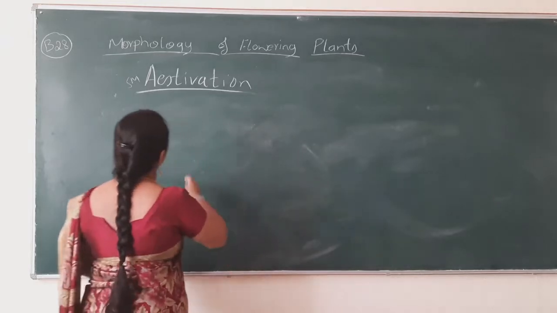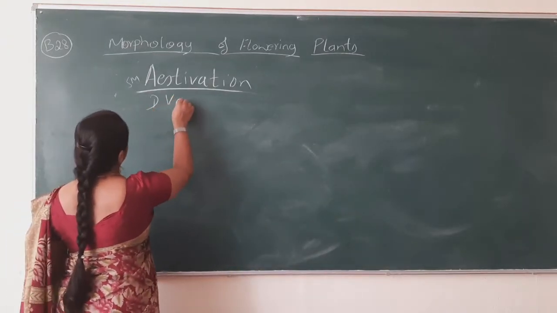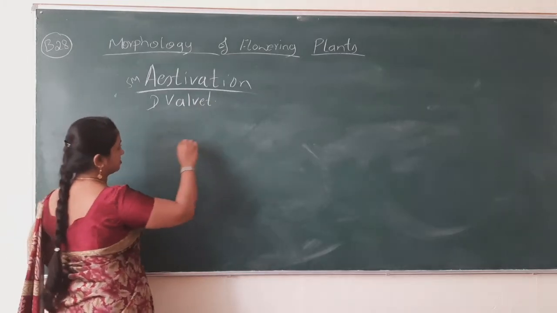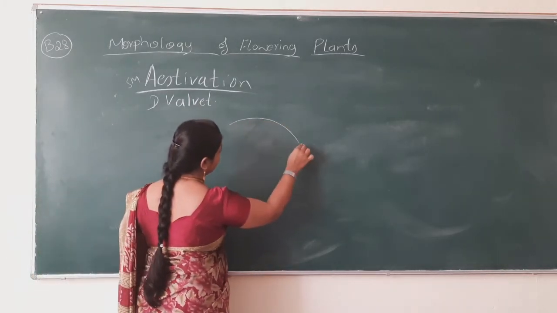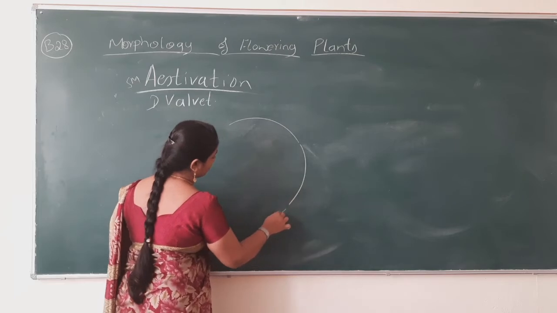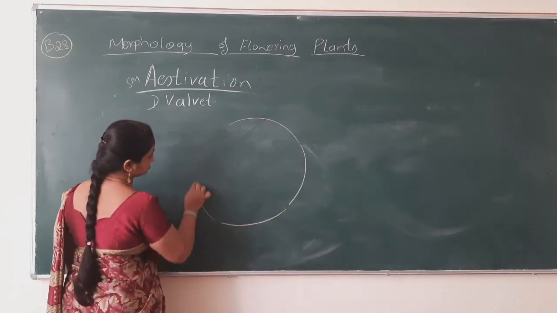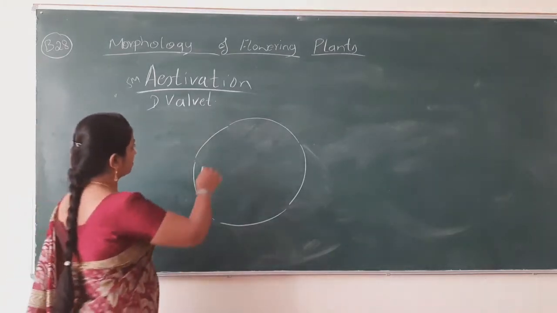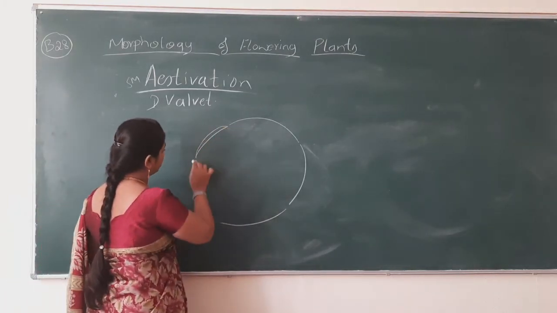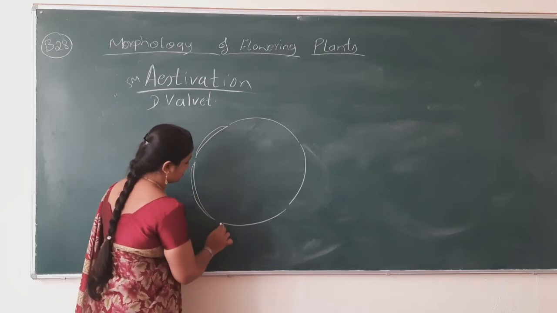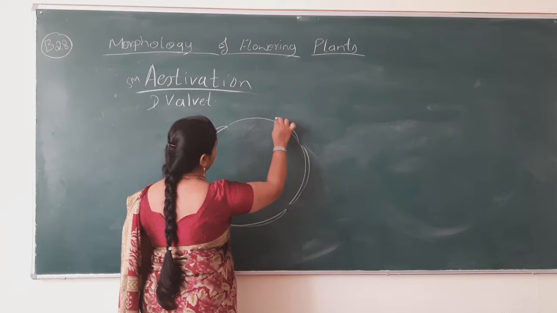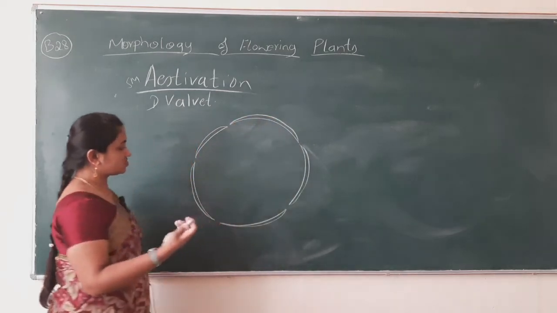So the first one is valvate type of estivation. Consider each of the units known as either calyx or corolla.